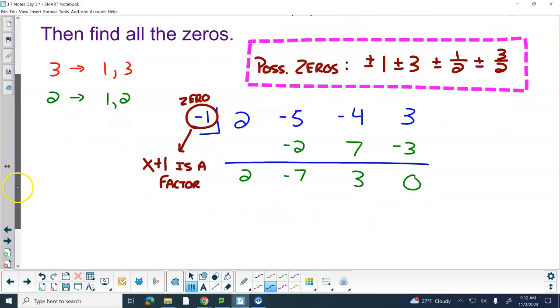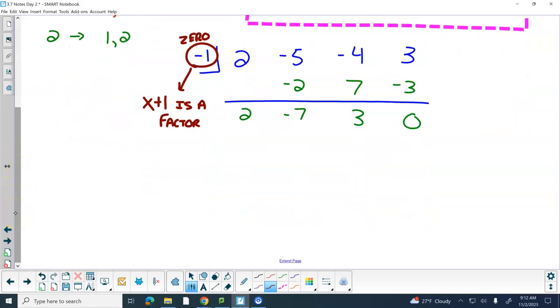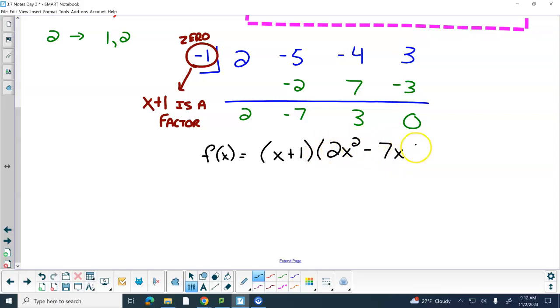So f of x can now be written as x plus 1, that's the factor that I just found, times 2x squared minus 7x plus 3.